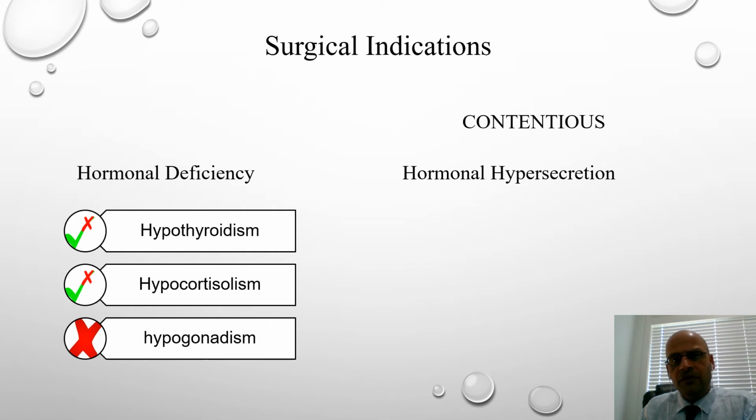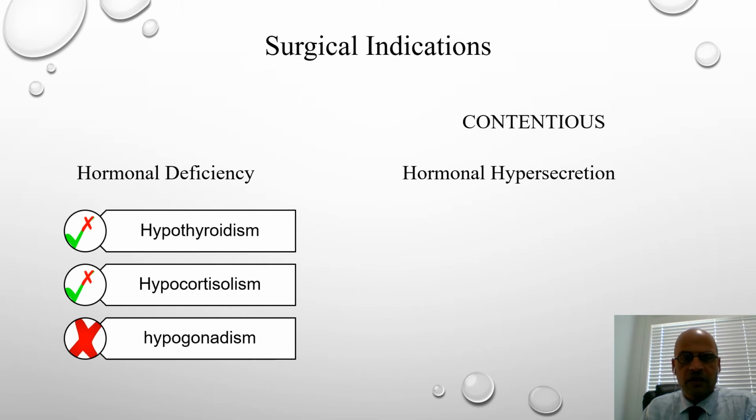Now, if there is hypothyroidism or central hypothyroidism, or if the Rathke's has caused hypocortisolism, then one could think about surgery, especially if the patient is of new onset duration. Like we saw with our patient, there was no response because it took a few months before diagnosis.